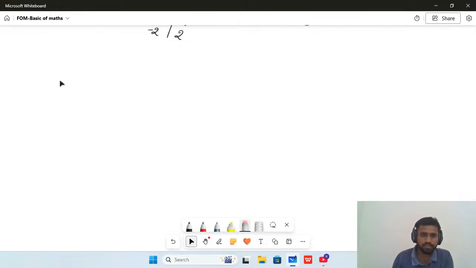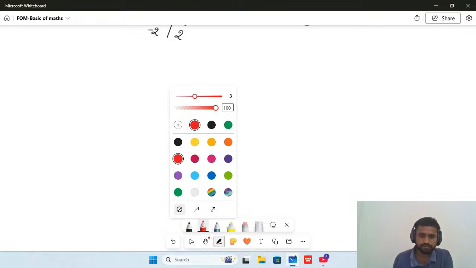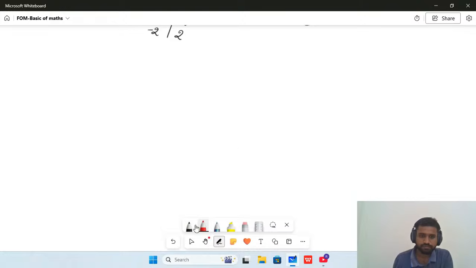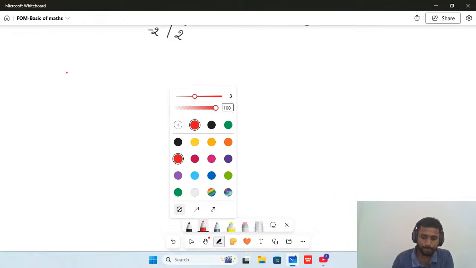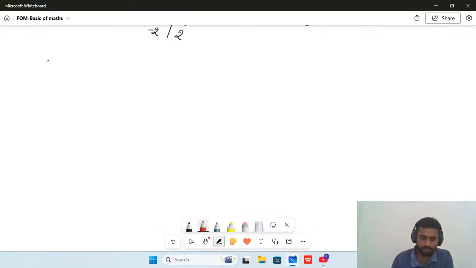So, how to open this modulus function? Opening a modulus function, okay?